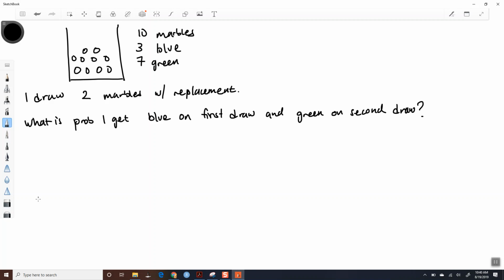And then I'm going to ask a similar but different question. The other is, what is the probability I observe 1 blue and 1 green marble in any order?